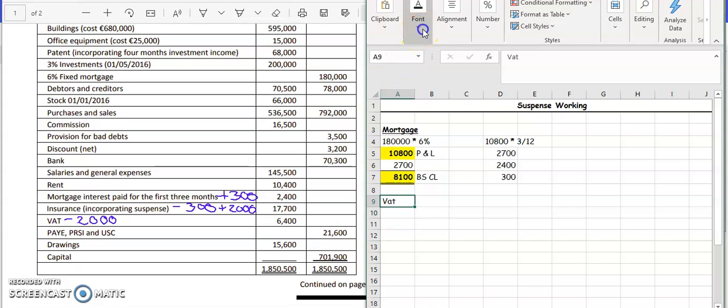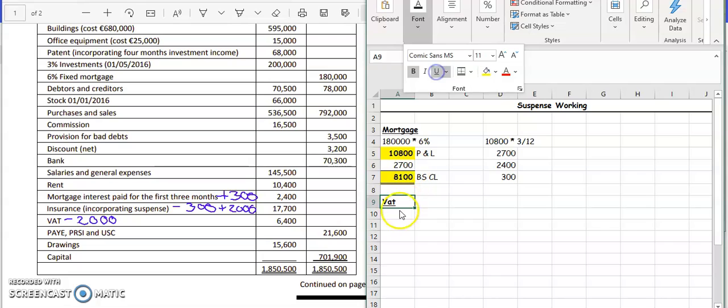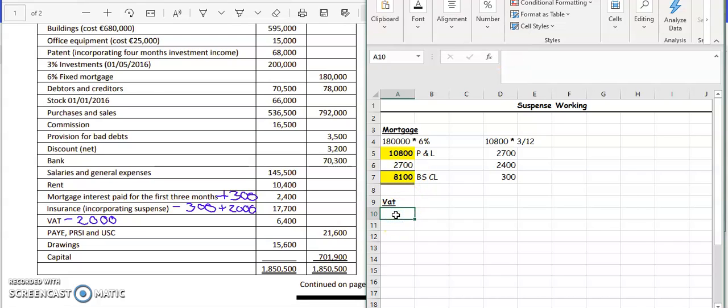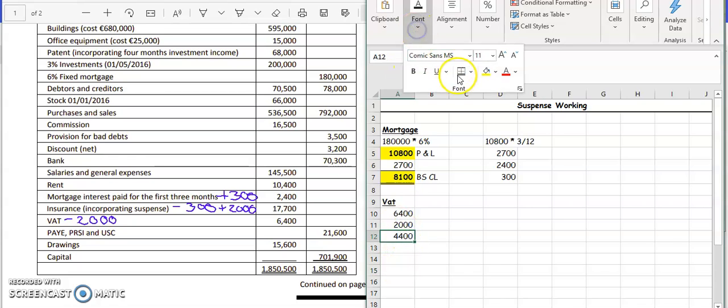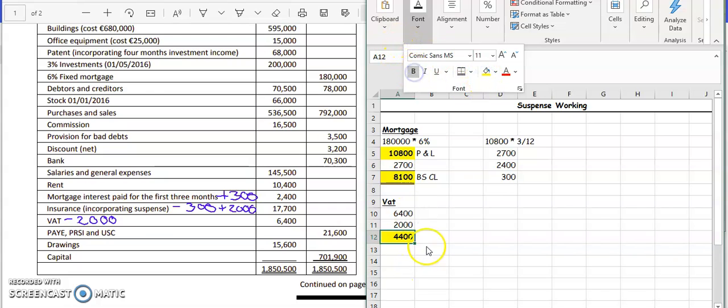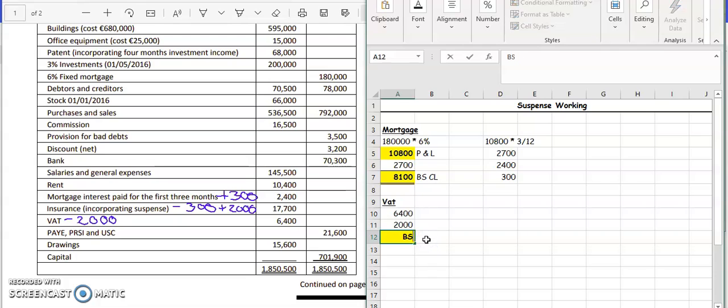Okay, so your VAT then per the question is 6,400. You're going to take away the 2,000. So it's going to be 4,400. And that's now the new figure that goes into your balance sheet as a current liability.